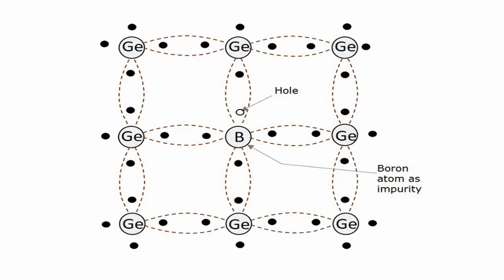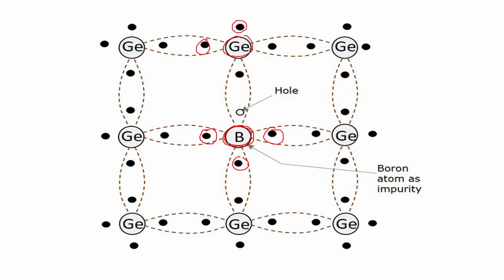So here you can see we have a boron atom. Boron is a trivalent atom, so it will show its 3 valence electrons, 1, 2 and 3. There is no 4th valence electron. Now you are going to add this impurity to germanium or silicon, which are tetravalent and have 4 valence electrons.